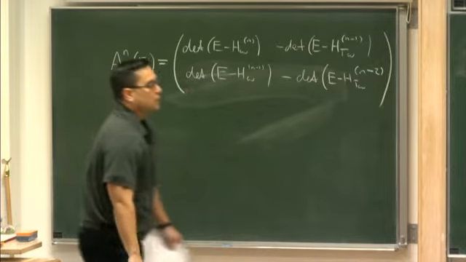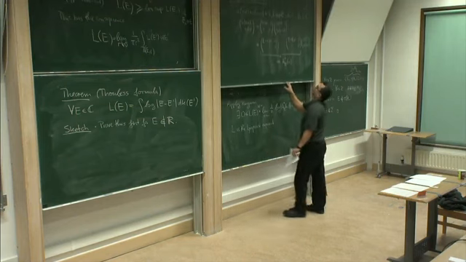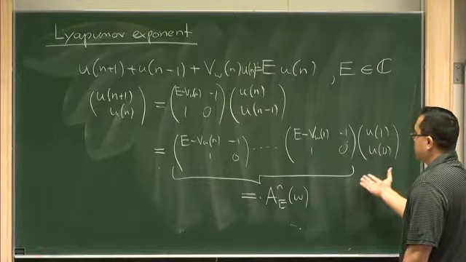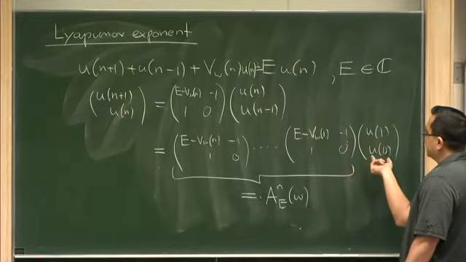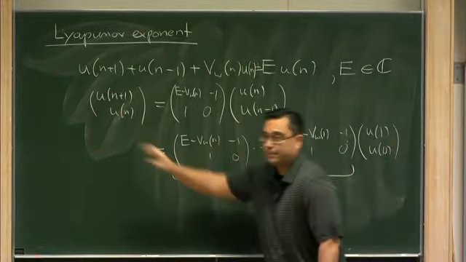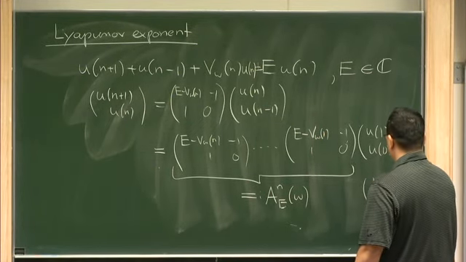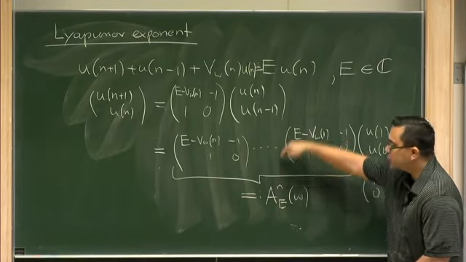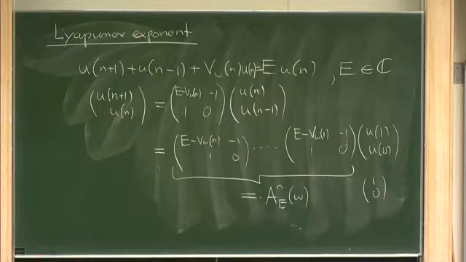Okay, so how do we check this formula? Well, we look at the definition here. For example, A n E omega maps this to that. Suppose this vector here is 1, 0. If I use 1, 0 for U1, U0, then I just get the first column of this matrix.